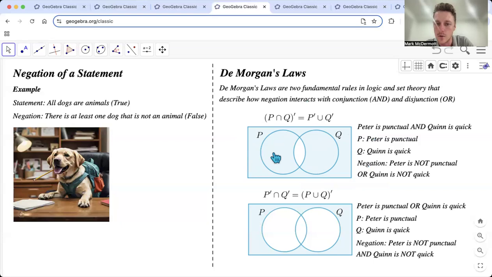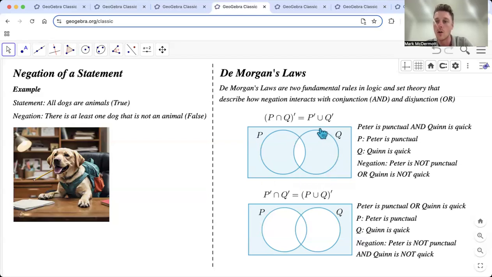What De Morgan's first law says is that not (P and Q) is the same thing as not P or not Q. Now let's think about that. Imagine this was all unshaded for now. Not P would be everything in Q, not including P, so everything in here and then everything on the outside.